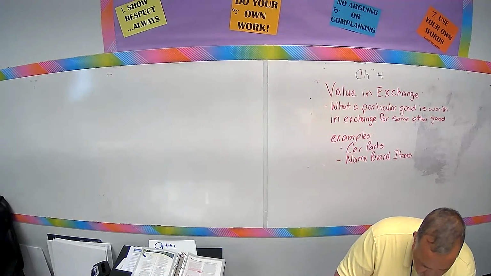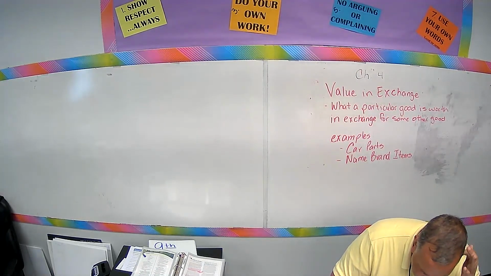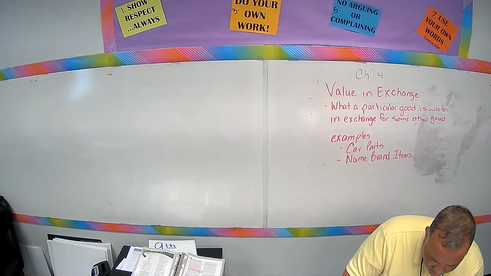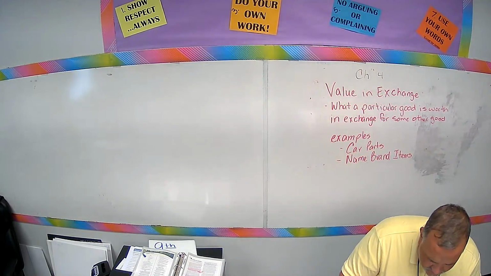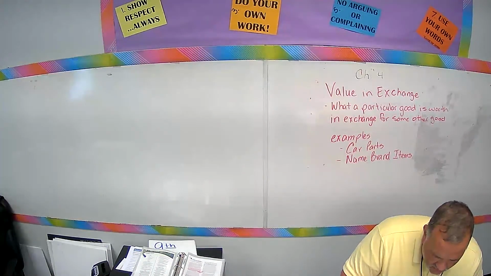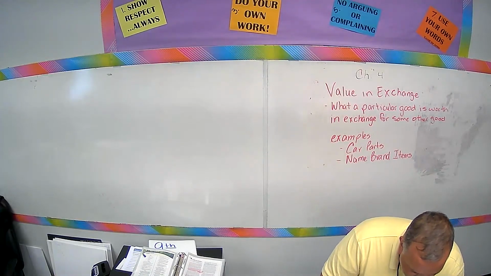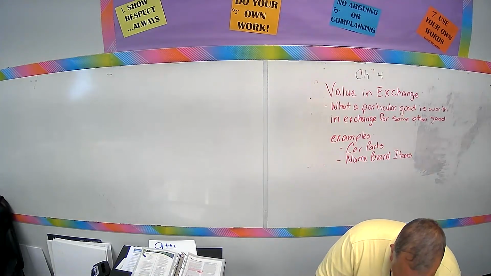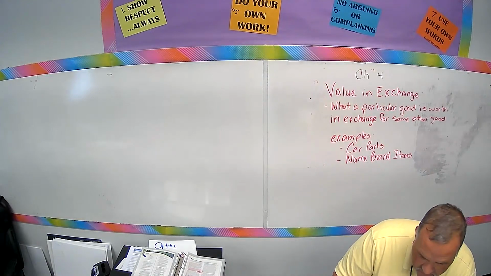So when a consumer receives his first unit of a specific good, that first unit may be highly useful. It has a high personal value or utility. However, the more units the consumer acquires, the less value he personally attaches to each succeeding unit.